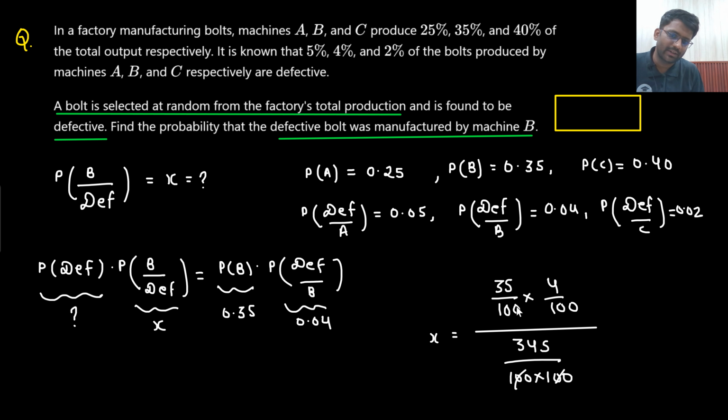This 100 into 100 gets cancelled out. So 35 into 4 divided by 345. That we need to do, and we will get our answer. 35 into 4 divided by 345 is 0.405. That will be the answer.